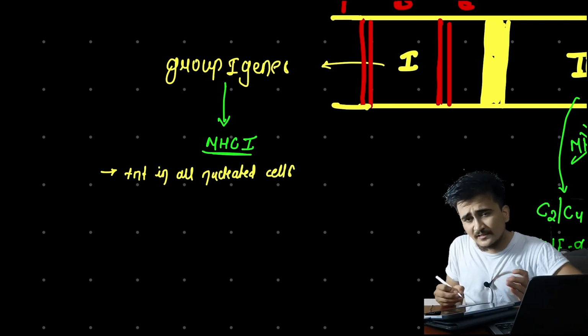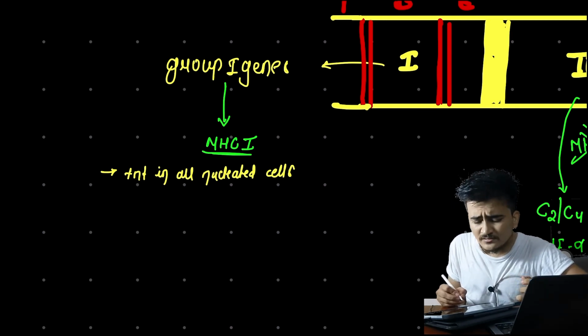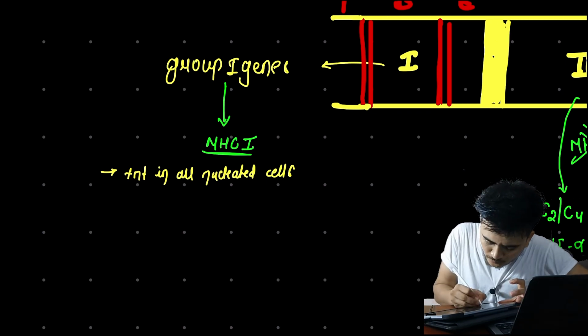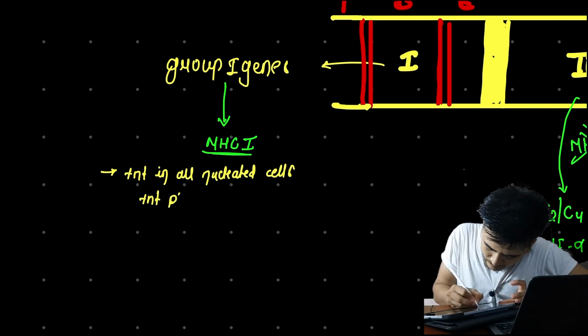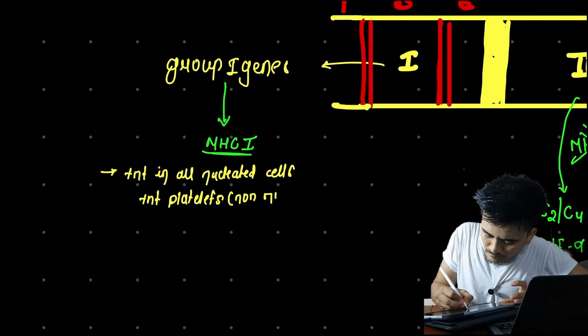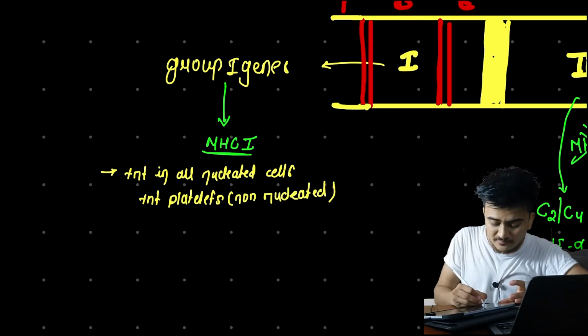The non-nucleated cells that we can remember are RBC and platelets. That means it is not present there, but that is a wrong statement, because it is also present in platelets, even though platelet is non-nucleated. But it is not present in RBC.